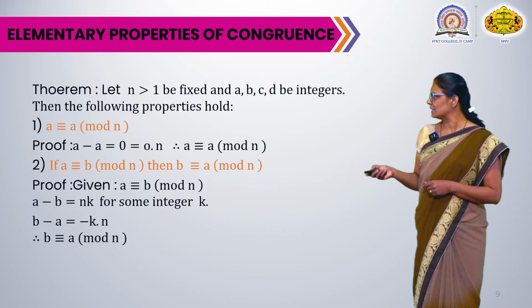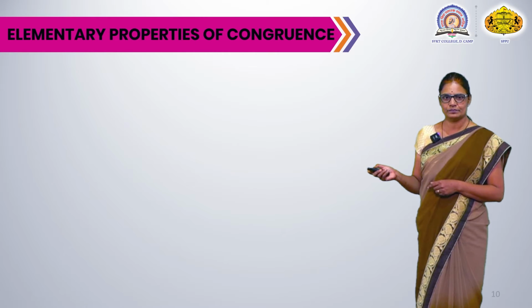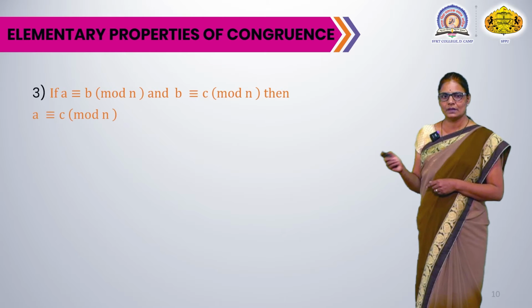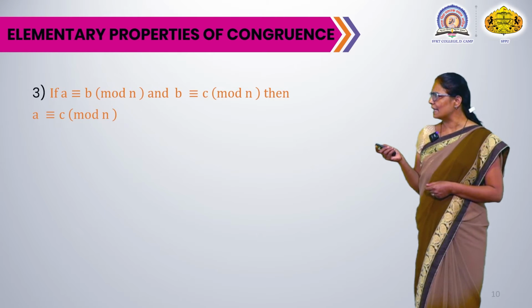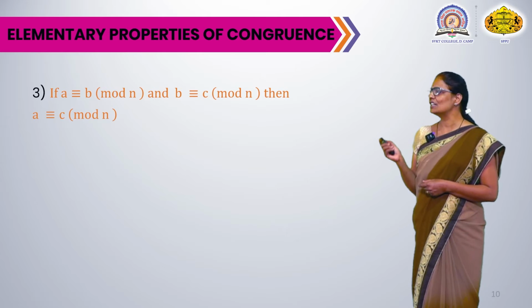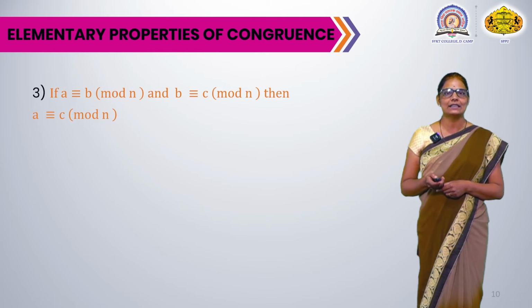Now let us consider the third property. If a is congruent to b modulo n, and b is congruent to c modulo n, then a is congruent to c modulo n. This property is just like the transitive property. So first we have to write the hypothesis.